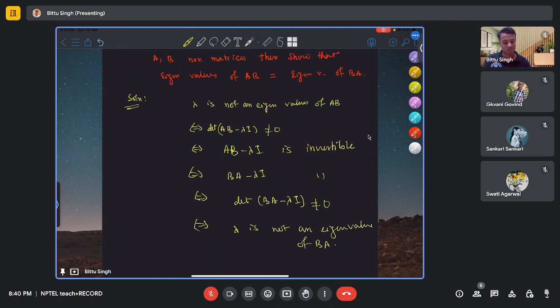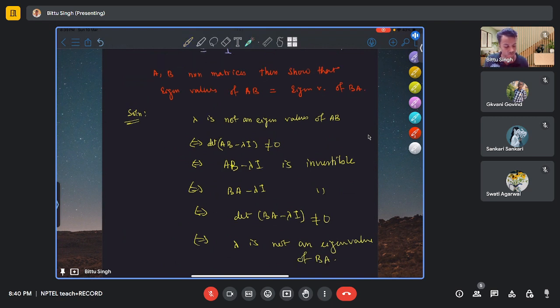So if lambda is not an eigenvalue of AB, then lambda is not an eigenvalue of BA, and the reverse is also true. So from here you may conclude that eigenvalues of AB and BA are the same, but note that lambda is non-zero here.